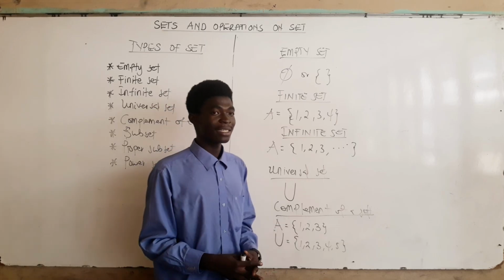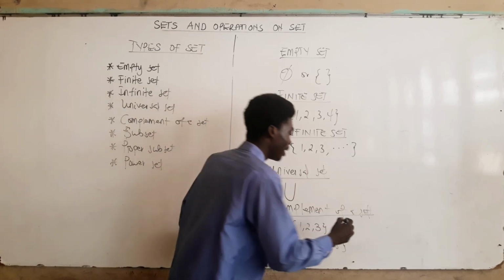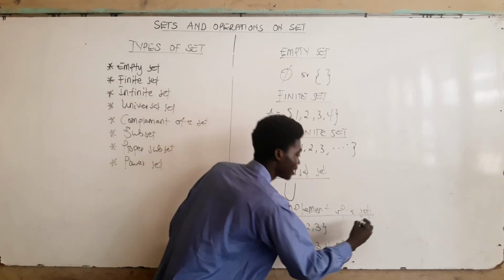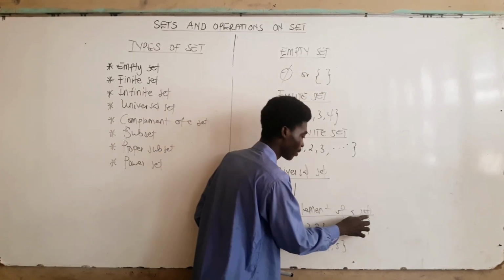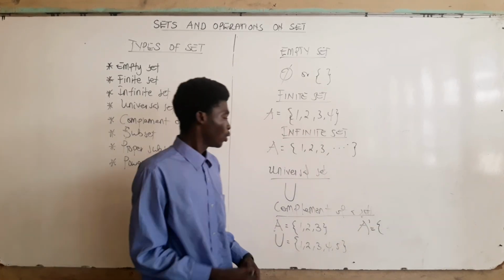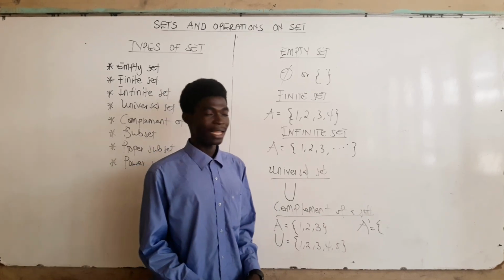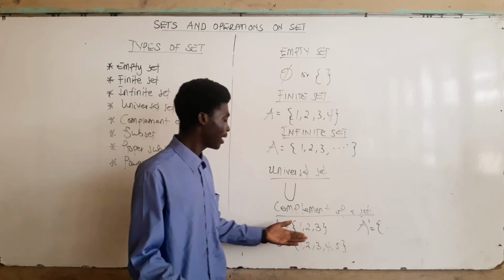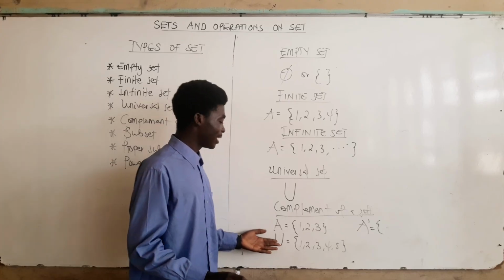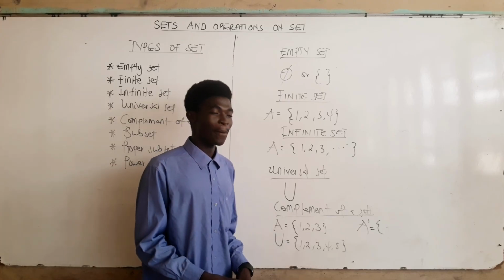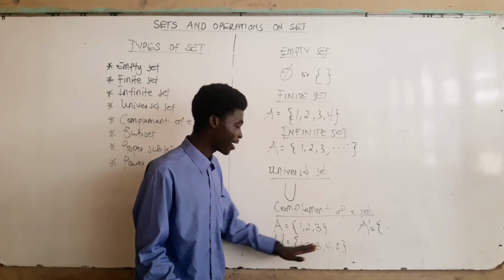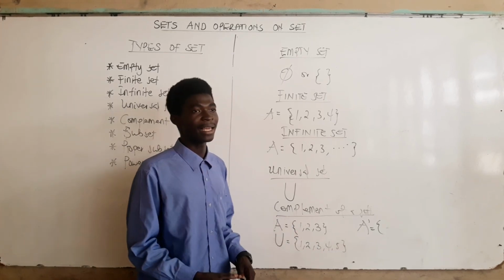With a complement of a set, the set we are talking about here is A, so this is A complement. A complement of a set simply means the elements that are in the universal set but not in the set we are talking about here, which is A. So which elements are in the universal set but cannot be found in set A?